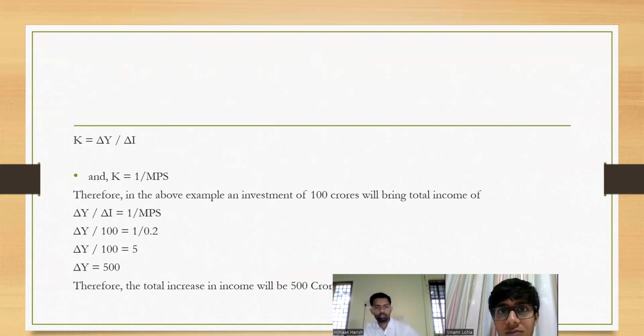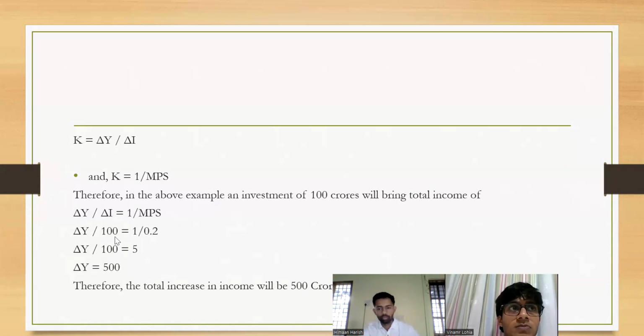So it is very easy to solve when delta Y by delta I is given. So investment is 100 crore in this problem, and 1 by MPS is equal to K, which is the investment multiplier. So two values are given. So delta Y, which is national income, divided by 100, which is the investment, is equal to 1 by 0.2.